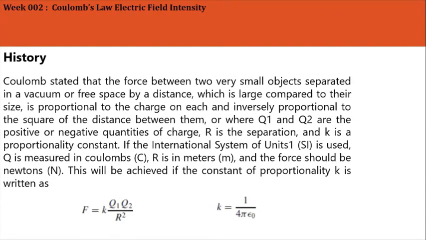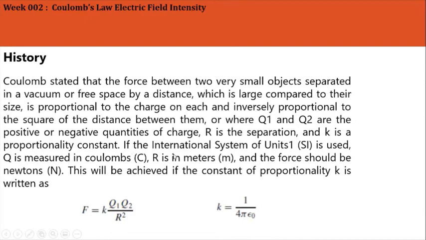Where Q1 and Q2 are the positive or negative quantities of charge, R is the separation, and K is the proportionality constant. As you can see, this is the formula for Coulomb's law, wherein force equals K times Q1 and Q2, divided by R squared, where force and the charge are proportional to each other, and the force and the distance are inversely proportional.